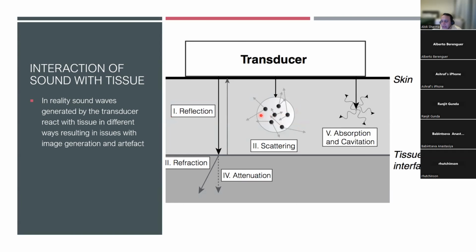It'll go all over the place. And it just means that if you're looking at the liver, for example, where you have tissue as opposed to air at an interface, you're able to get a good understanding of liver architecture and echogenicity.